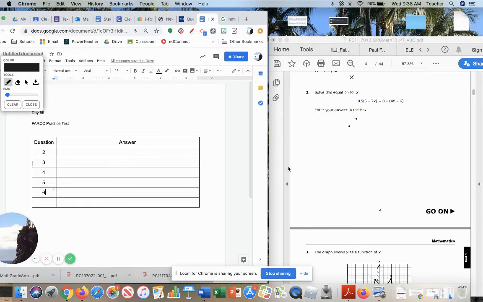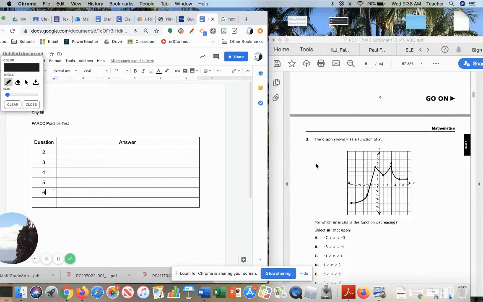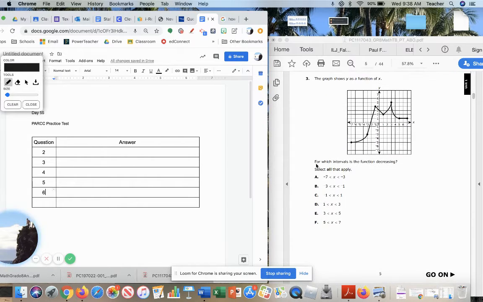Okay. Number 2 is a graph that shows y as a function of x, okay? And for which of the intervals is the function decreasing? Remember, decreasing means going down. Is it decreasing here? No, it's kind of going up, right? So this is the first interval from negative 7 to negative 3.